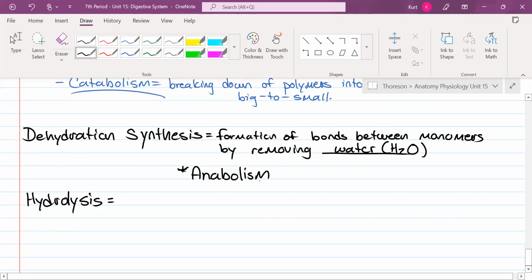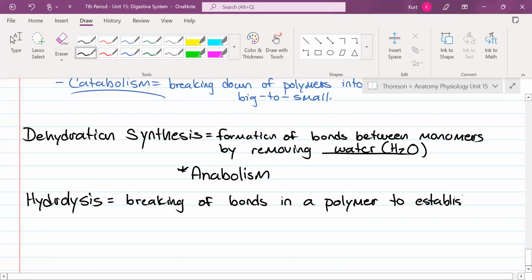And then the opposite is going to be hydrolysis. This is the breaking of bonds in a polymer to establish the monomers by adding water.